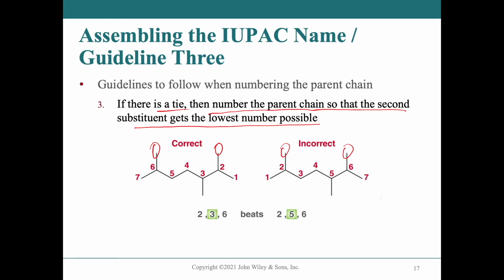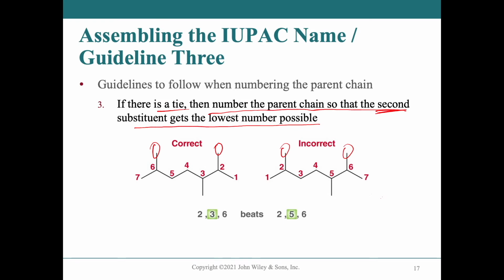On the correct one, it's still 6 and 2, and then the incorrect one, it's 2 and 6. So it's symmetrical that way, and that's a tie, right?